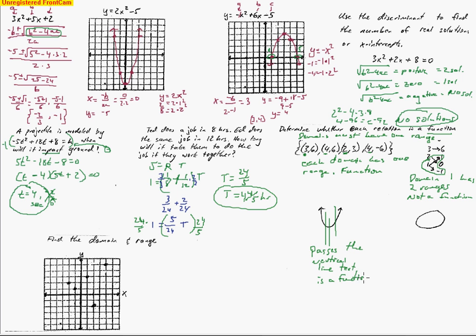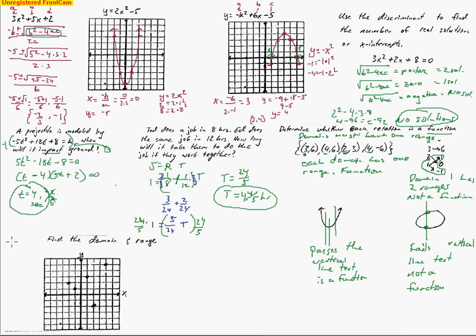The next one, however, when you pass a vertical line through, notice it has two ranges. So this domain, this vertical line, has two ranges. So this fails the vertical line test. So it is not a function.